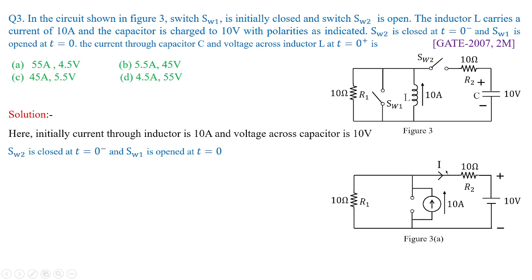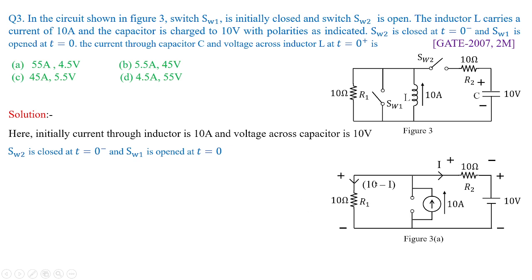Now let us assume current I flowing in 10 ohms and it is also flowing in the series combination of 10 volts. If that is true, then 10 minus I is the other current which is flowing in this branch, the 10 ohm resistor R1. If current I is flowing through 10 ohms in this direction, the voltage would be developed in this fashion.